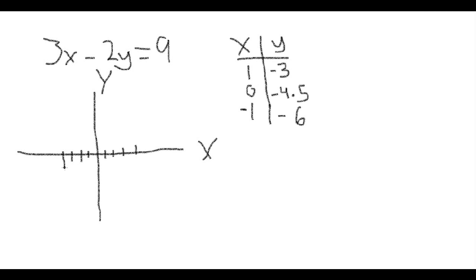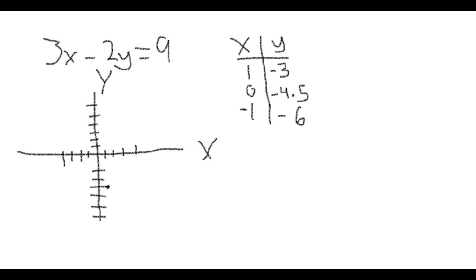We have 1, 2, 3, 4 on each side of x. And for our y, we'll go up to 6: 1, 2, 3, 4, 5, 6 in each direction.